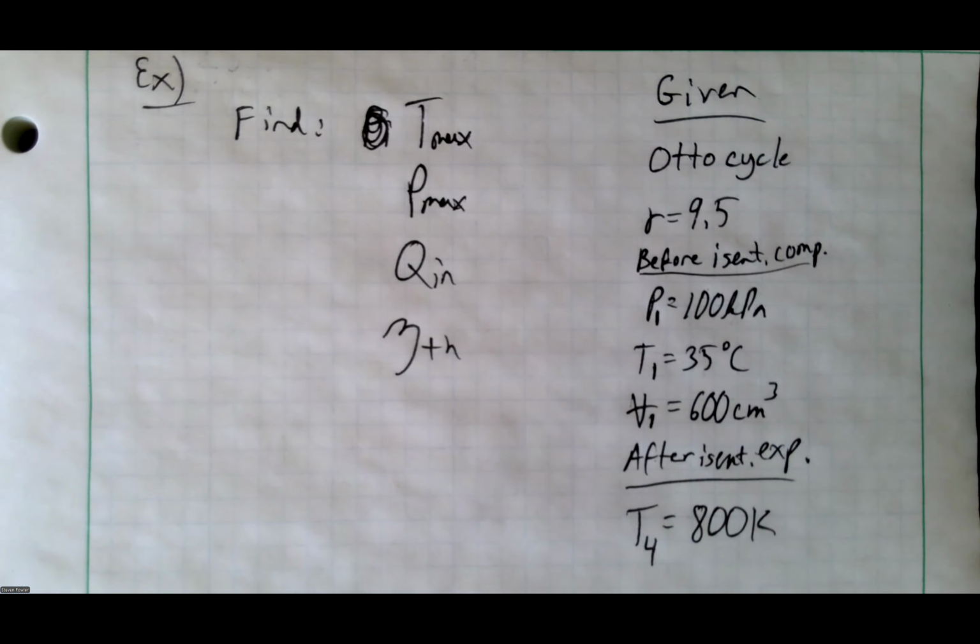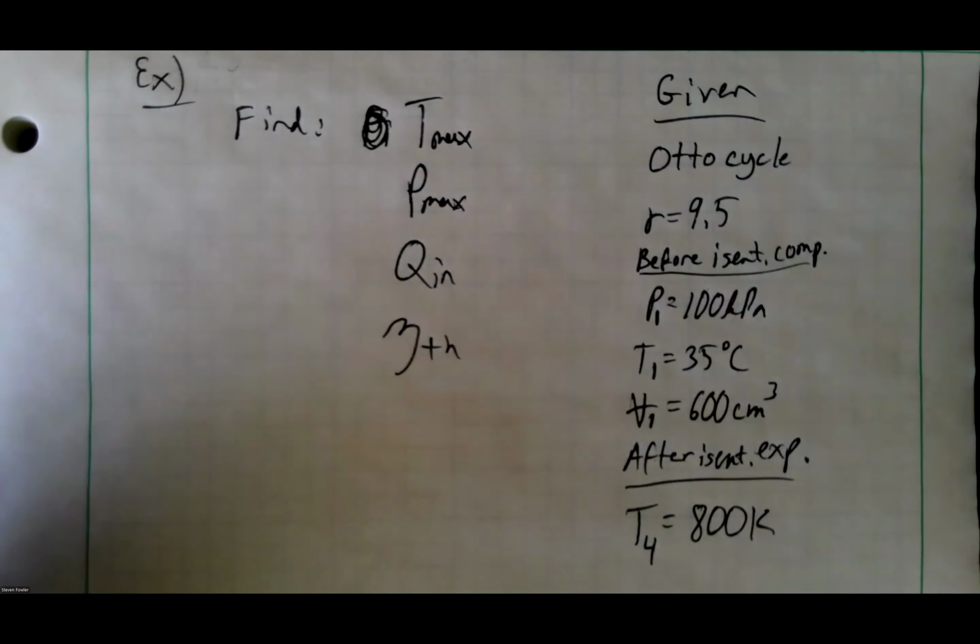And then, what tools, laws, or relationships can I use? That's one of the challenges with these Otto cycle problems: there's a whole wealth of tools I can use to try to solve an Otto cycle problem. We need to organize that information now, right? So let's try to do that.